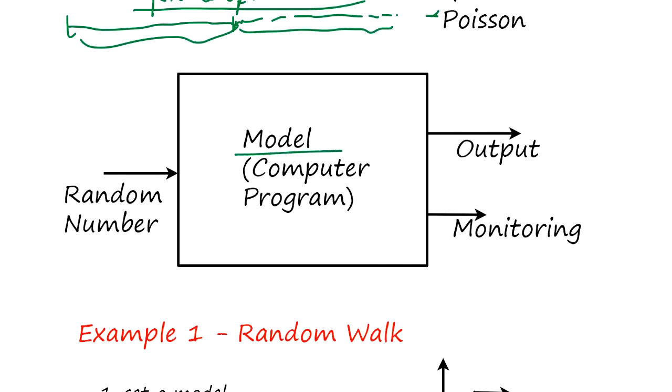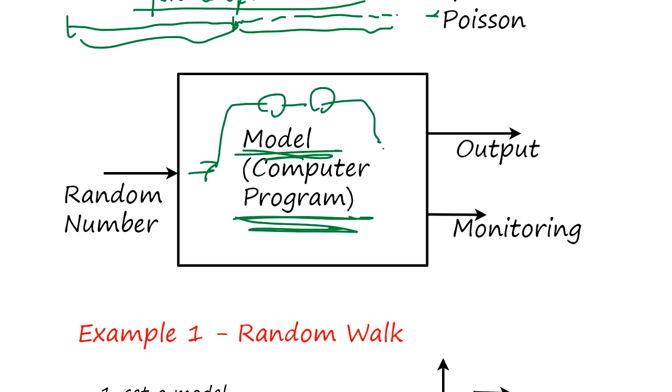Okay, now you set the model. This is a computer program. So when some input comes, you're supposed to do this and this and this. If number is this, if number is this. So this is output. Okay, so you get the output monitoring, and you need another thing monitoring.